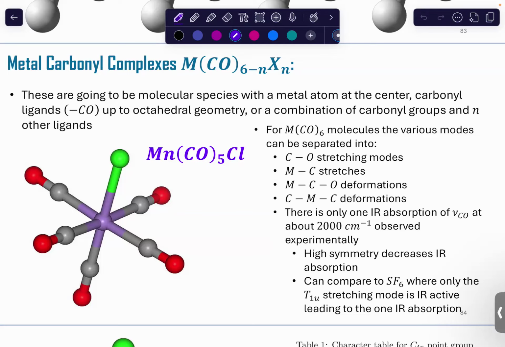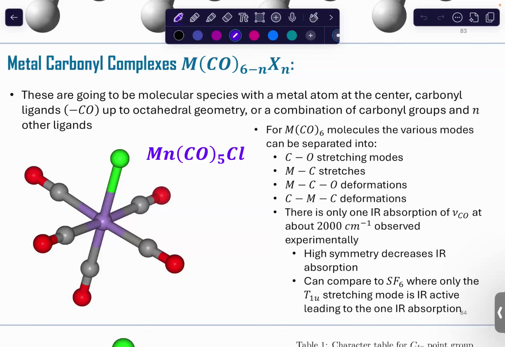You can get metal carbon stretching modes, MCO deformations, and carbon metal carbon deformations. For this one in particular, you'll find that it has a single IR absorption of about 2,000 wave numbers.